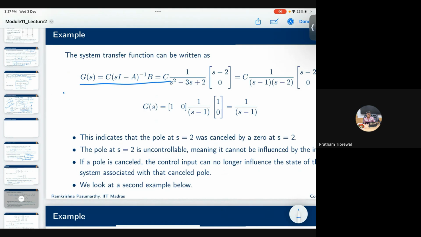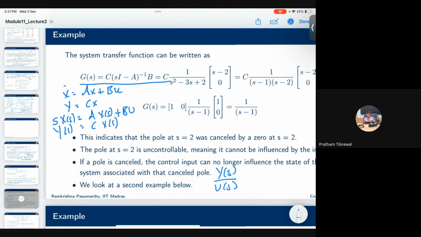I have x dot is Ax plus Bu, y is Cx. So I just do a Laplace transform. So I have s times X(s) is A X(s) plus BU(s), Y(s) is C X(s). So I rearrange terms. The transfer function is the Laplace of the output to the Laplace of input. It just turns out to be C (sI minus A) inverse B.